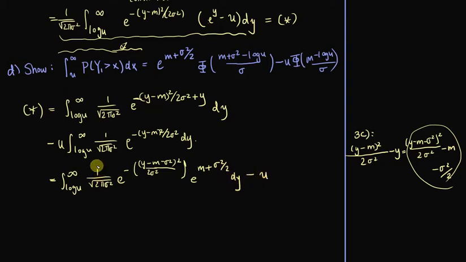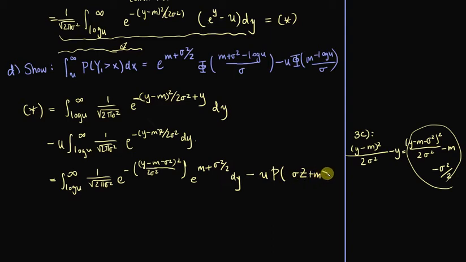Minus u, and then you have the integral from log u to infinity of a normal density. So minus u multiplied by the probability that something that is normally distributed is greater than log u. And that something that is normally distributed is a standard normal variable multiplied by sigma plus m.